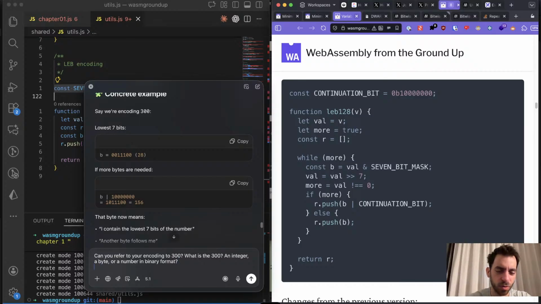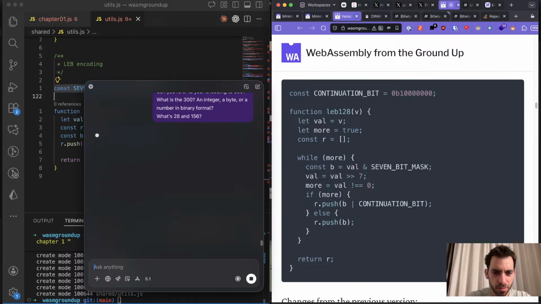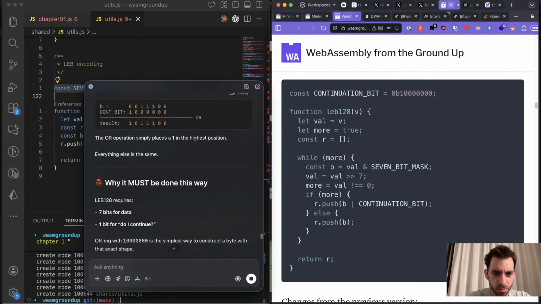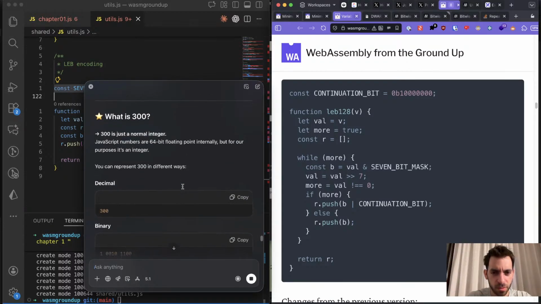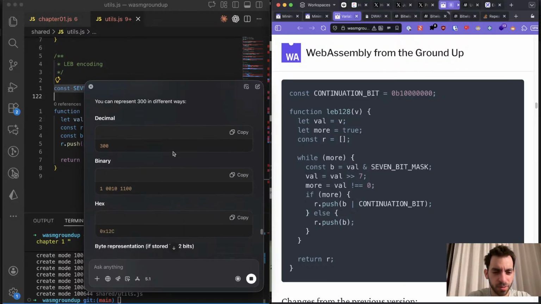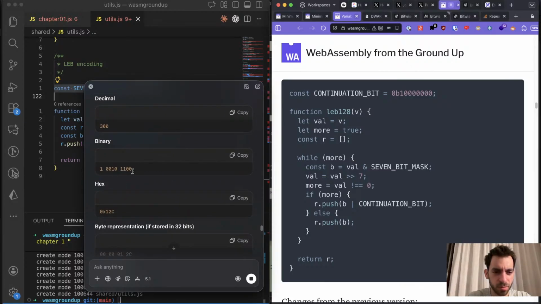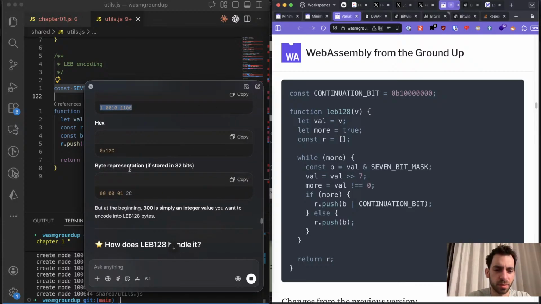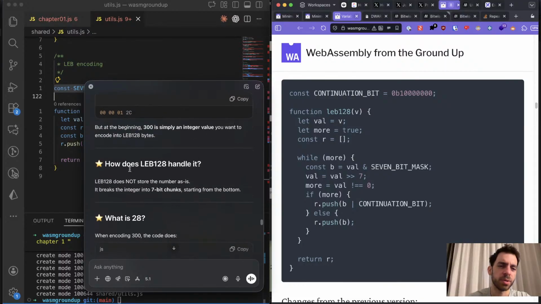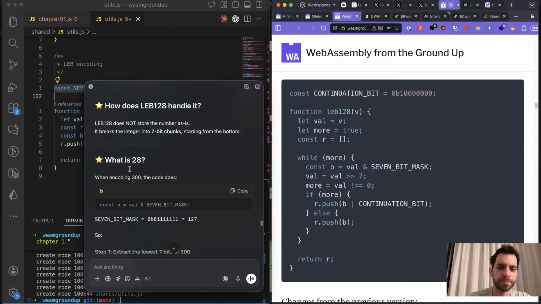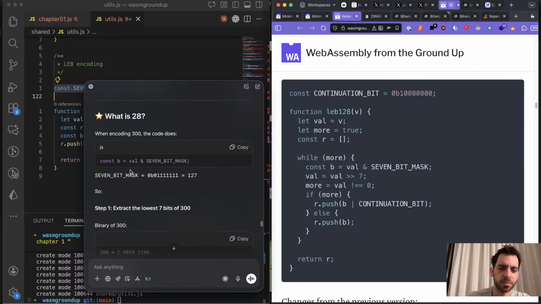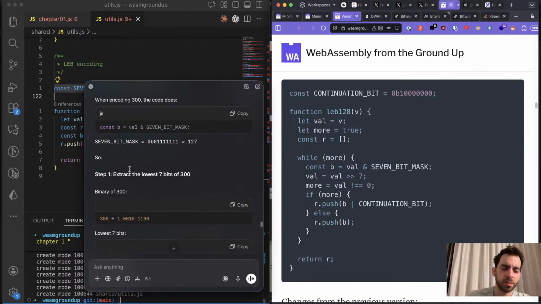What's 28 and 156? Well, we understand they're 32-bit, different weights. Oh, there are 9. Okay, hex 0x1C. The representation is stored in 32 bits, but at the beginning it's 300, a simple integer. 7-bit chunks. Okay, so lowest 7 bits, binary of 300.